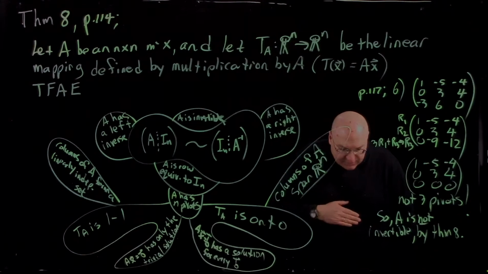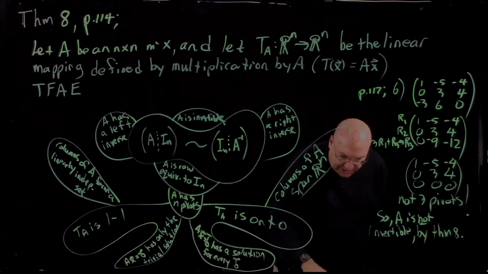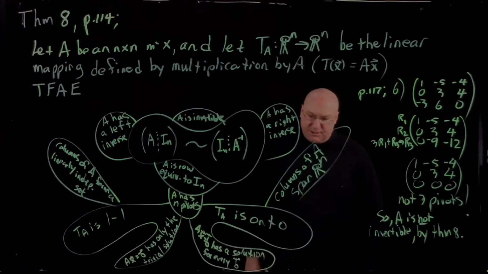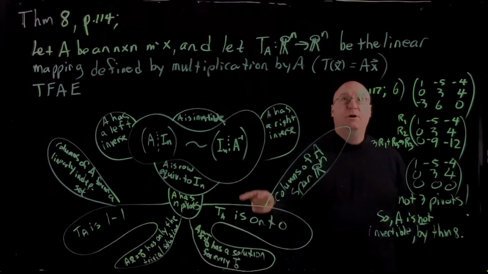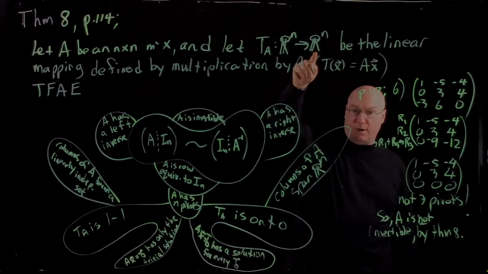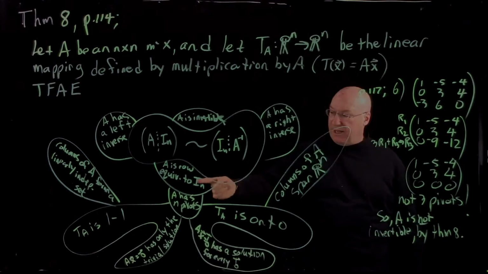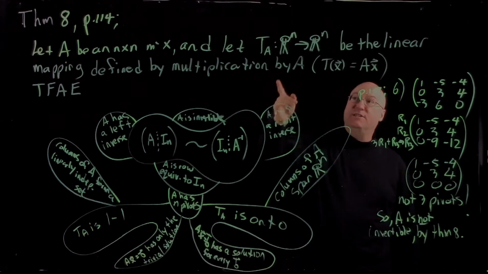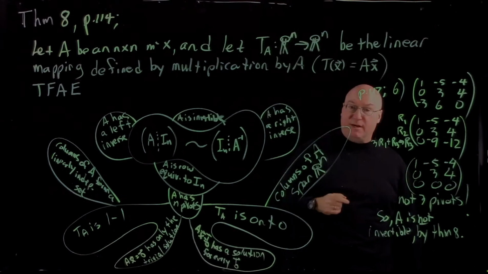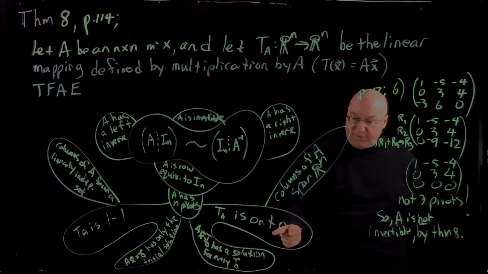Part D, if the linear transformation x to Ax from Rn to Rn maps Rn into Rn, pardon me, then A has n pivot positions. Well, if it maps onto Rn, meaning it gets all of Rn, then I have n pivot positions. If it maps into, maybe not, because mapping into doesn't necessarily mean onto, right? So it could map into, and this could be false.